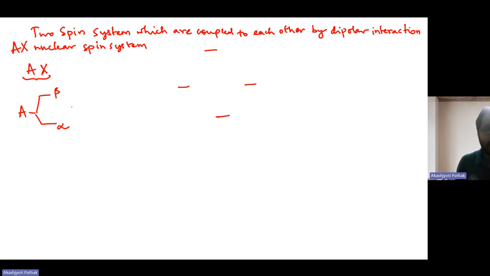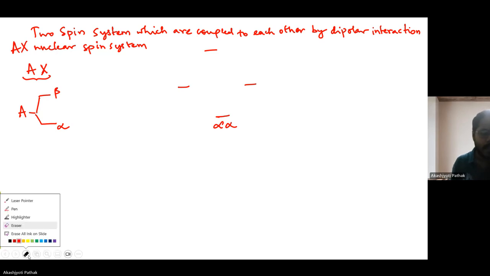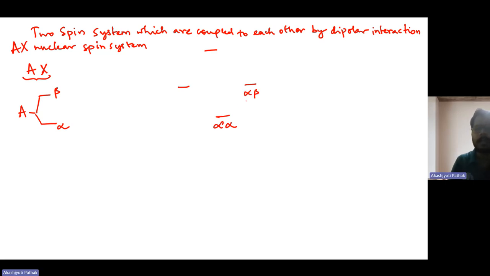So that is alpha or beta. So say this is the alpha spin state. Alpha spin state means at this energy level, both the nuclei of A and X are in alpha spin state. Another can be alpha beta.